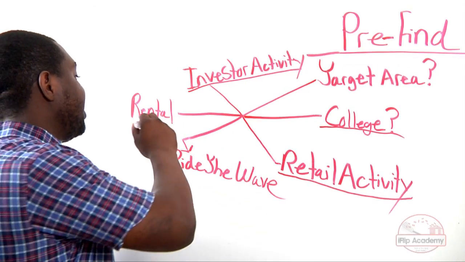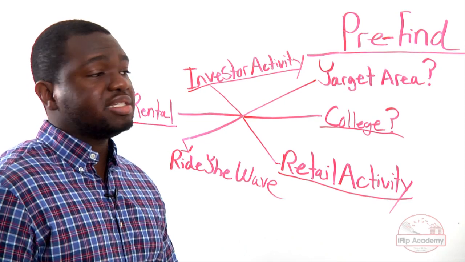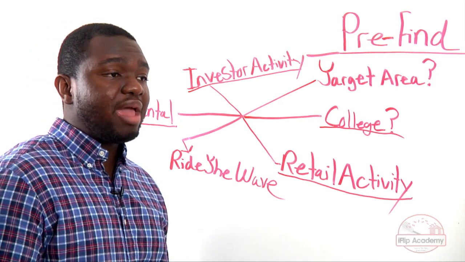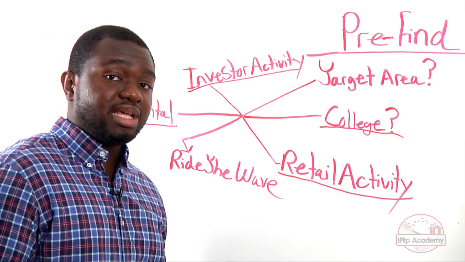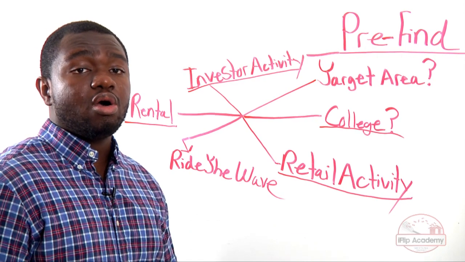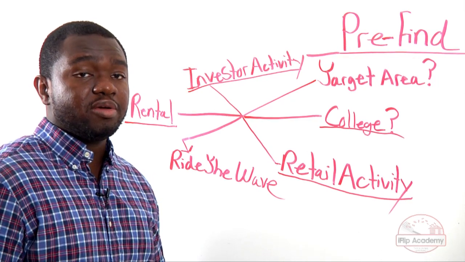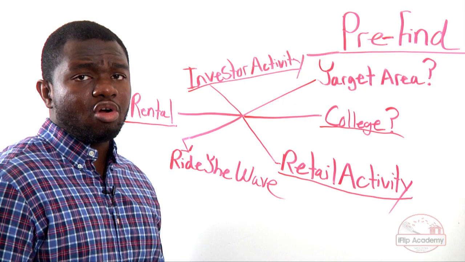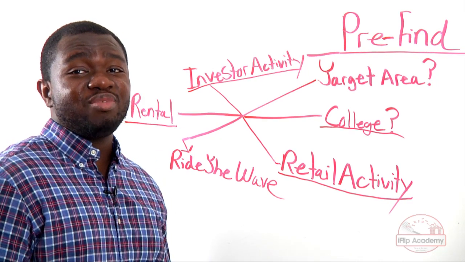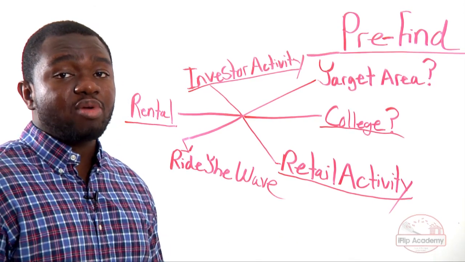Now, the next thing is rental activity, meaning aside from your college rental market, you've got your private rent and renting to Section 8 folks. One thing I used to do not too long ago was work a certain part of the city called Southwest Philadelphia, a very, very strong rental area. It's the hood, it might look like a war zone, but it's a strong rental area where I know investors like to purchase properties.